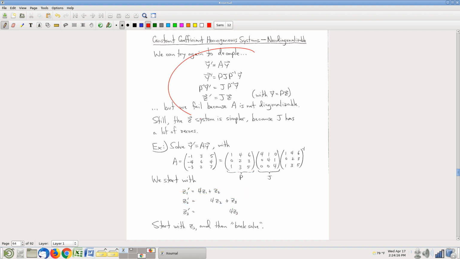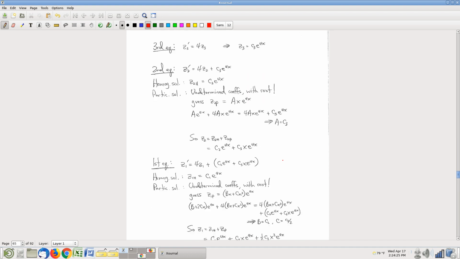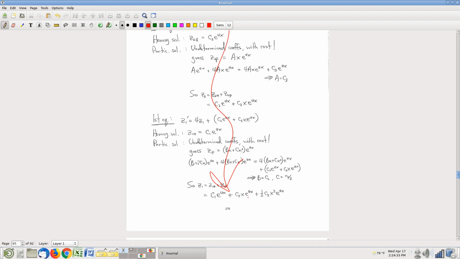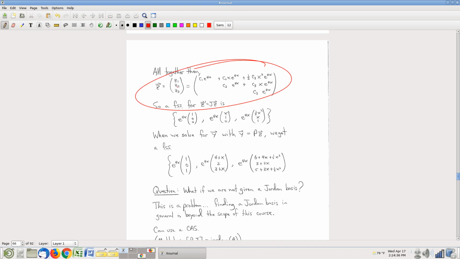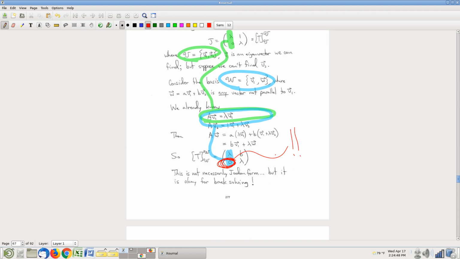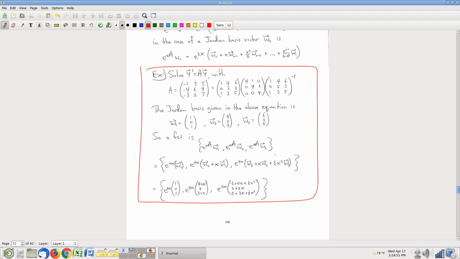We saw that we can do this change of basis to almost decouple, and then you had all this back solving, all this sort of tedious, easy to get lost in the details of Chapter 4 differential equations. And then you write that, and then you write the corresponding fundamental set, and then you multiply by the P matrix. It was a whole thing, right? It was easily 2.5 pages. None of that back solving is necessary if you use this matrix exponential trick. How are we doing? Everybody happy?